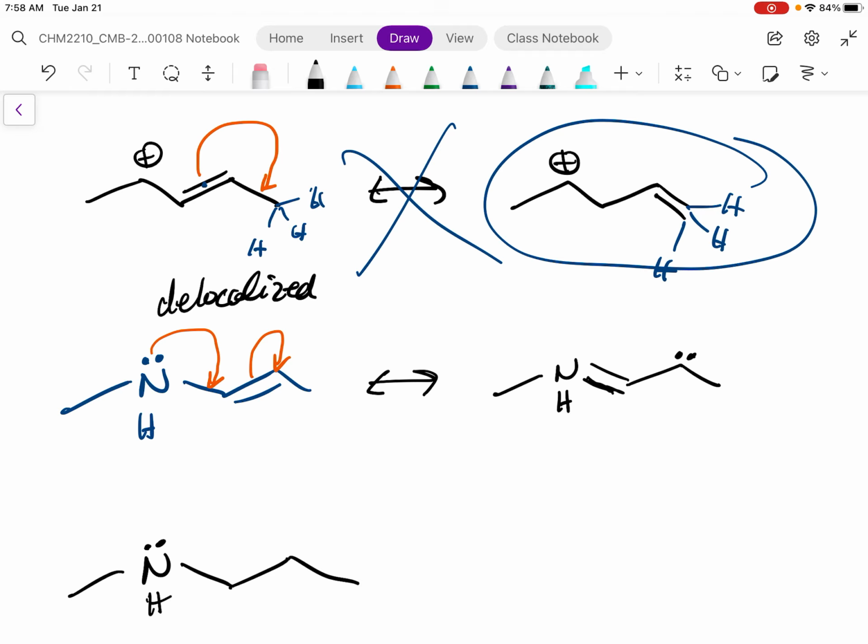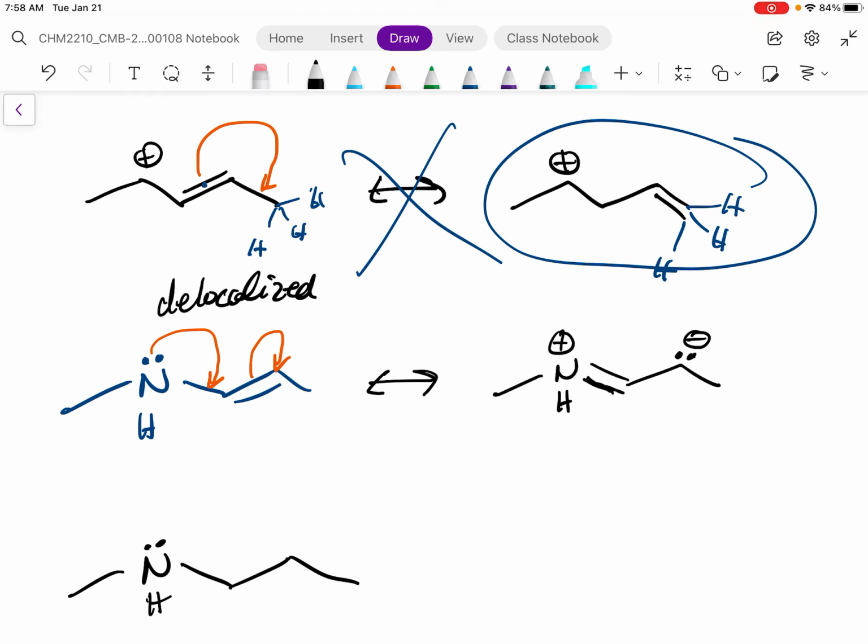Now we have to reevaluate the formal charge. We have a nitrogen with 4 bonds, so that has to be positive. And now we have a carbon atom right here with a formal charge of -1. Is that a valid resonance structure? And the answer is yes, it is.